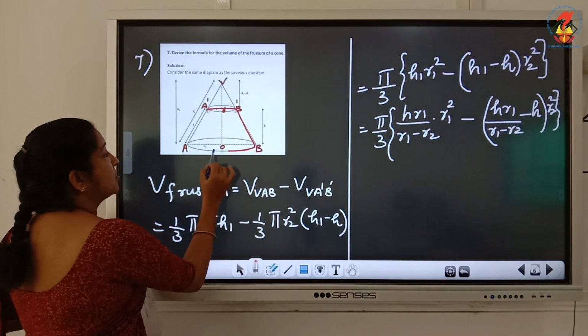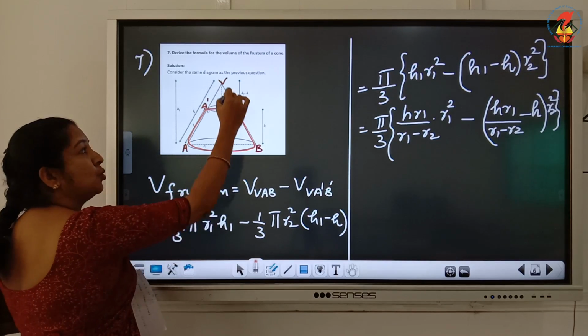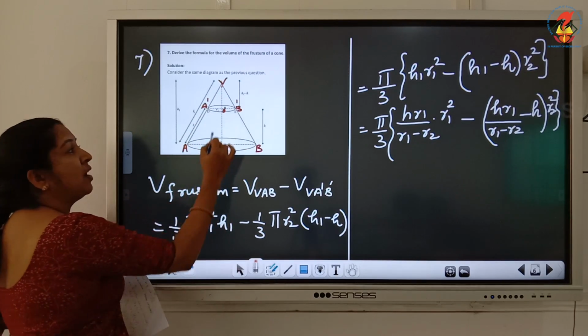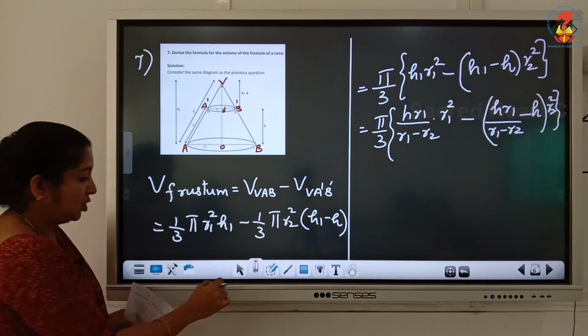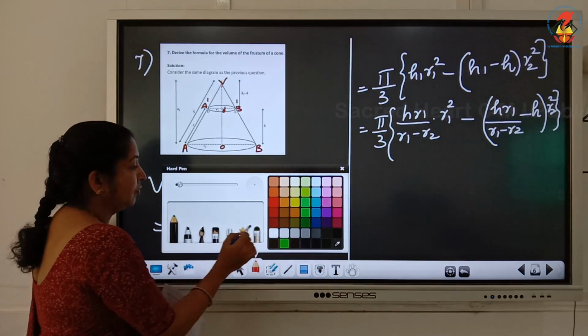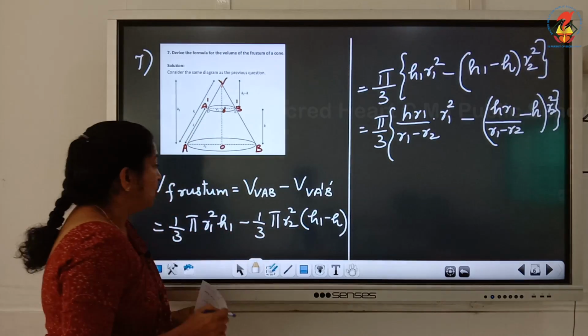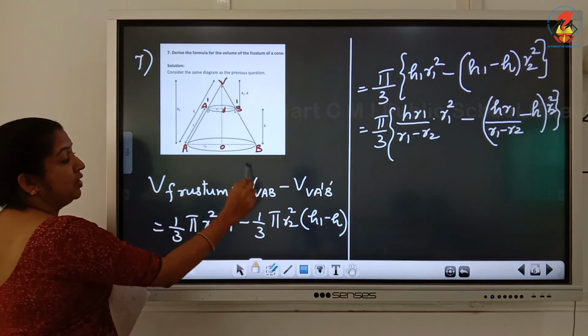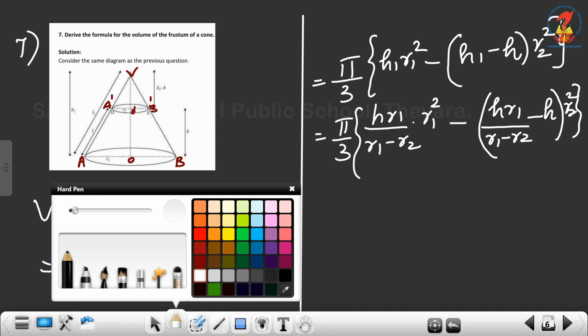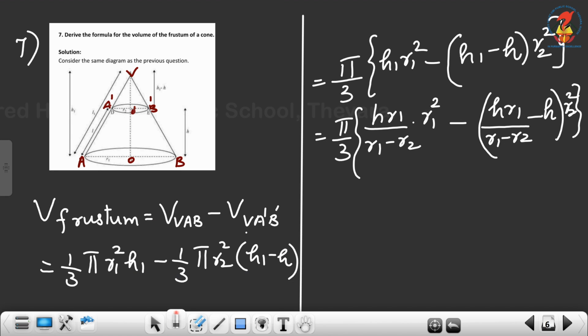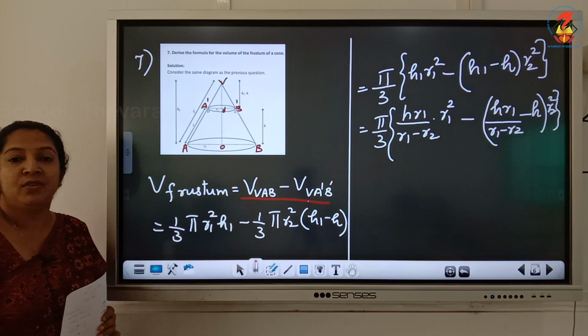The total volume minus this part will give the volume of the frustum. So, volume of VAB minus volume of VA' B' will give the volume of the frustum.